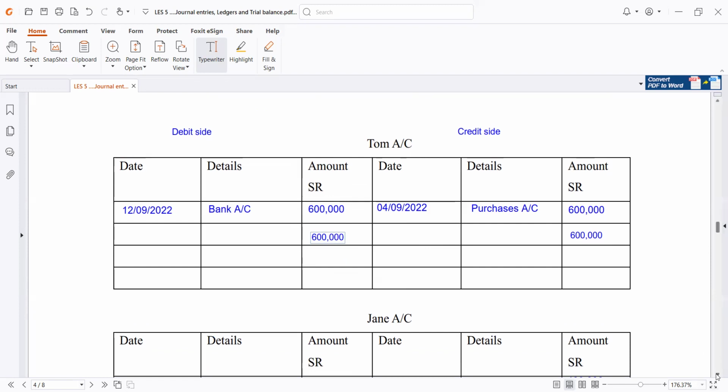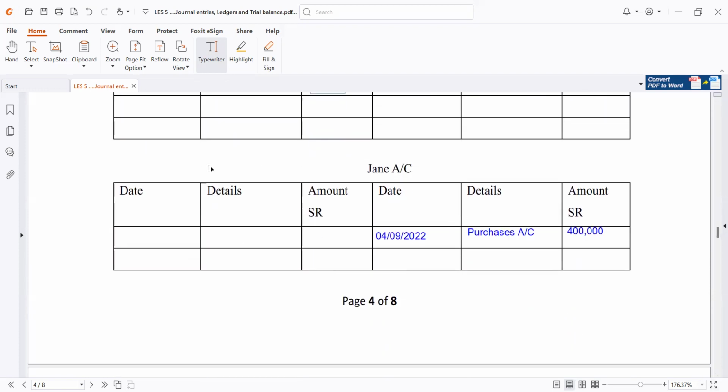Then we go to Jane account. For Jane account, this one is the debit side, and this one on the right is the credit side. And for Jane account, we only have 400,000.